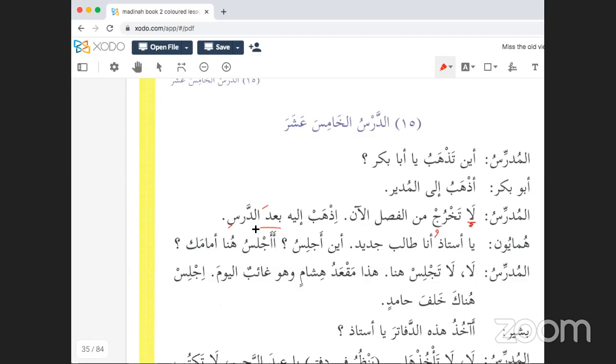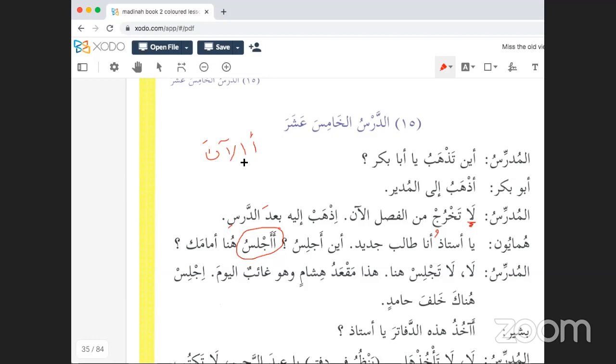You may remember that some lessons ago we said that when you ask a question and there are two of these alifs or hamzas at the beginning and they become one, and you remember some examples of this? So for example, a followed by the word al-an.